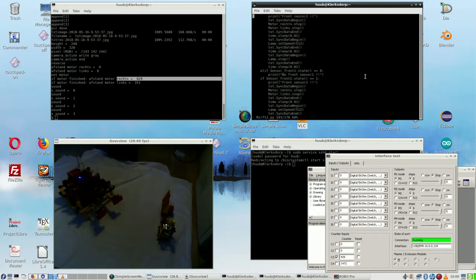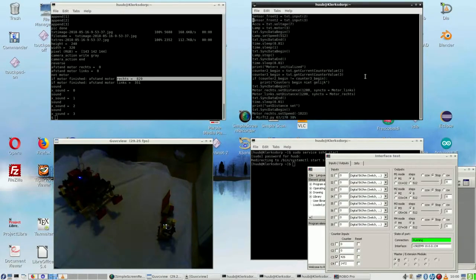So let me make a note of it. So this is C4, which automatically implies that this is C3.